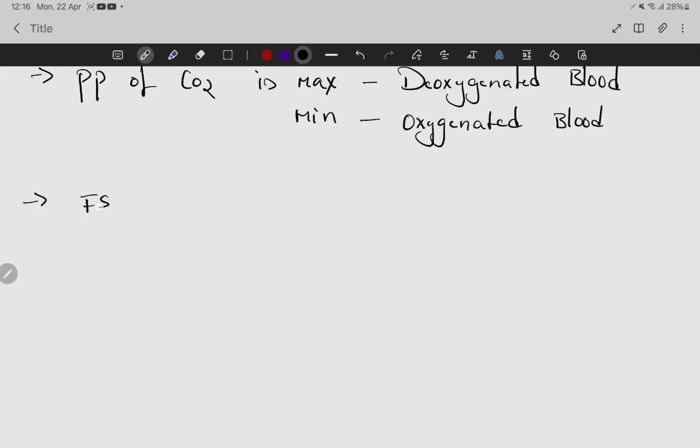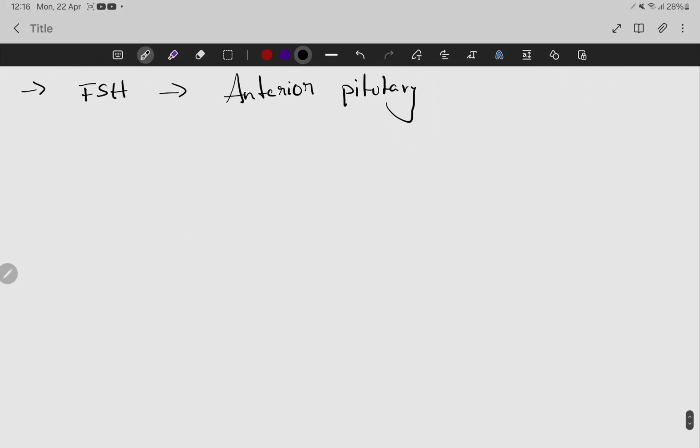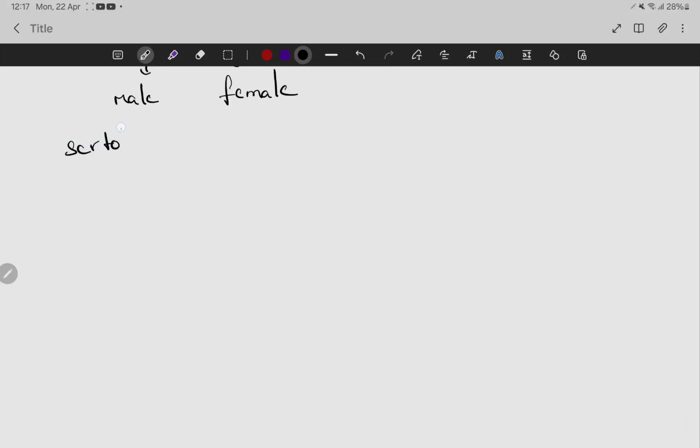Next, FSH is released from the anterior pituitary. What will this FSH do? It has two different things in male and in female. In male, it will act on Sertoli cells.